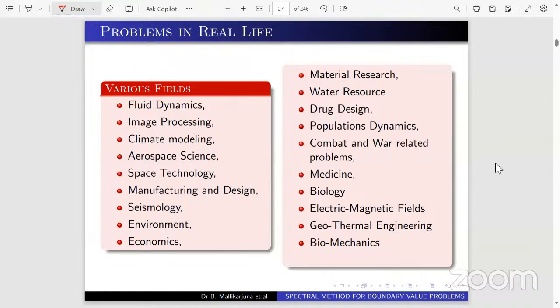Manufacturing design. I'm just listing the information on where these kinds of equations can arise. There are various fields from which to extract differential equations.